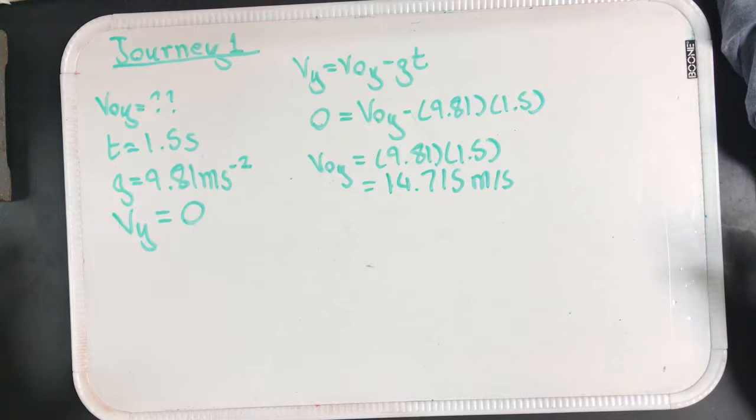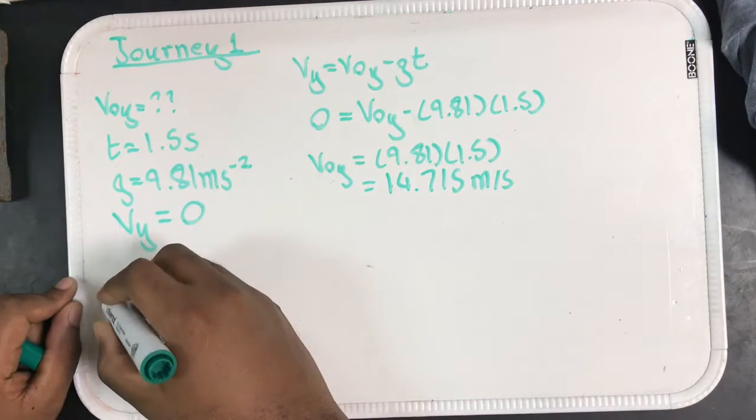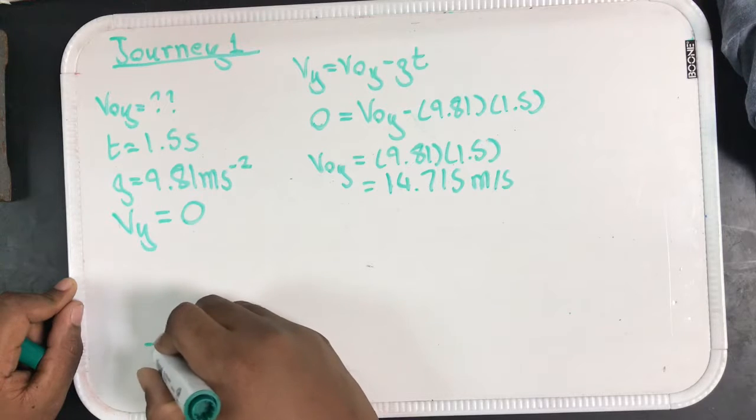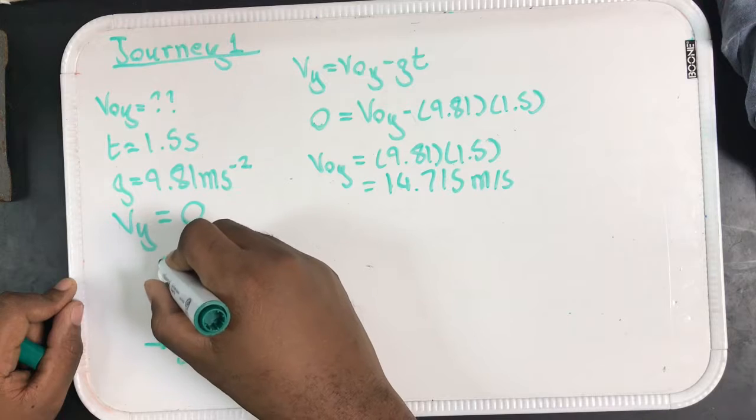Now, what happens when it goes down? Well, the question didn't ask us what happens when it goes down, but it did ask us to find something else. It asked us to find the maximum height. Now, we can also find the maximum height because we can look at the object's change in displacement. This could be the ball here. This will be y naught.